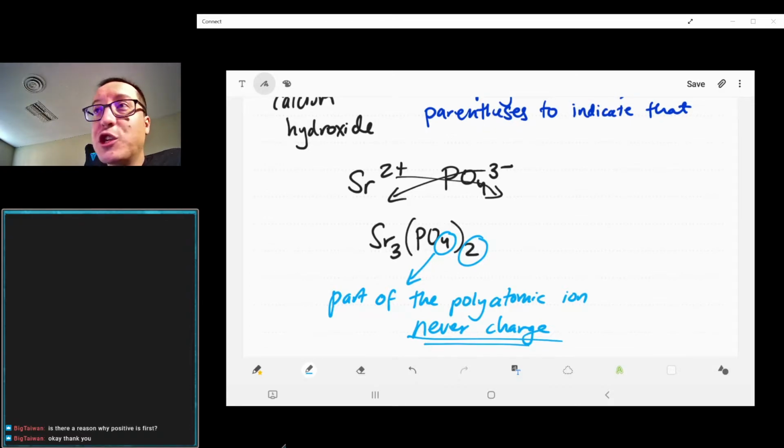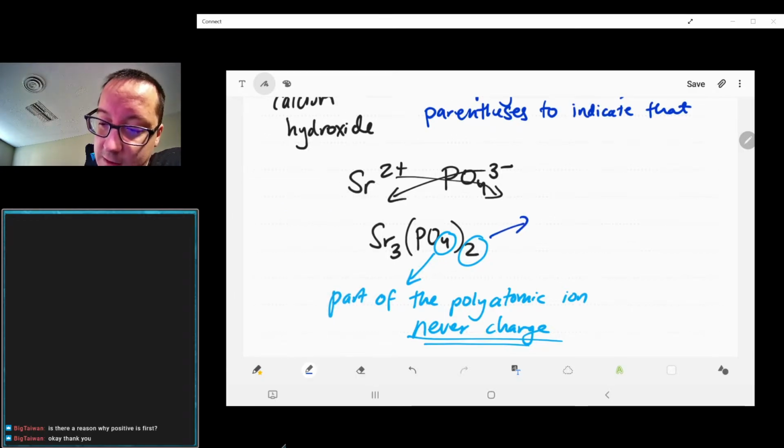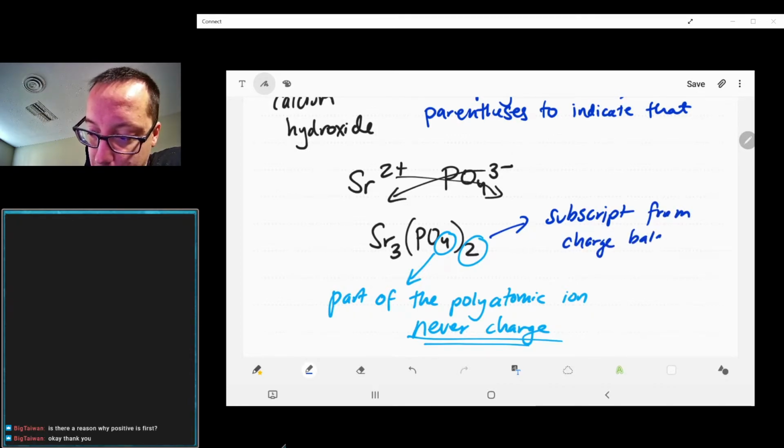We can never change that 4. If we do, it becomes a different ion, and it's going to have different properties. However, this 2 outside here is the subscript from charge balancing. And we could reduce this if necessary.